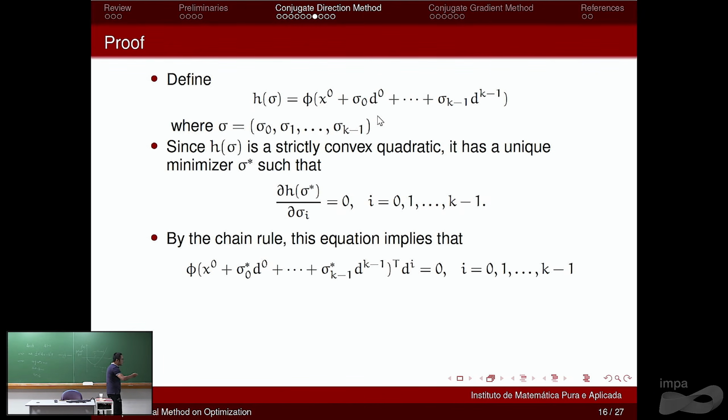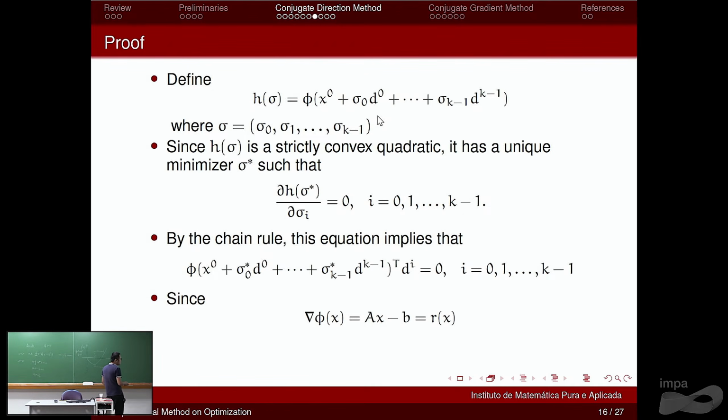With this, by the chain rule, this relation means the gradient of phi at x0 plus sigma 0 star until sigma k star dk, inner product with di, equals 0.